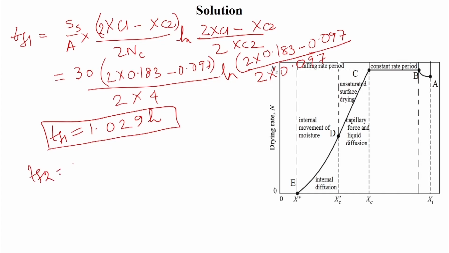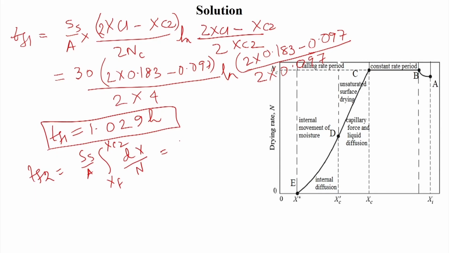Tf2 will be Ss by A into integration XF to XC2 dx by N. We said the drying rate is proportional to the square of the moisture content, means beta into x square. So, in place of N we put beta x square.